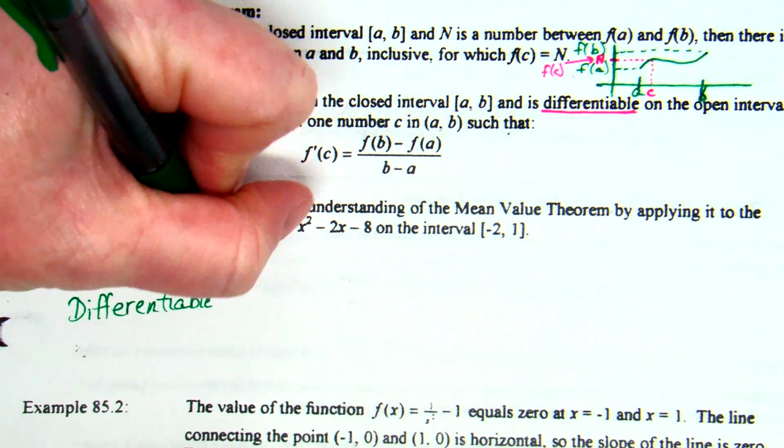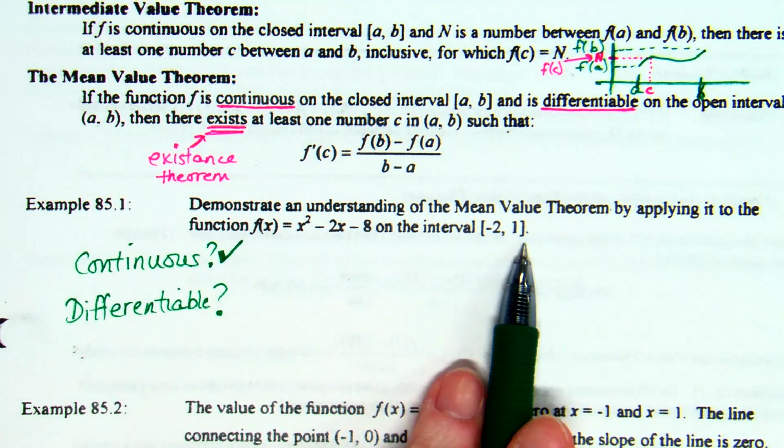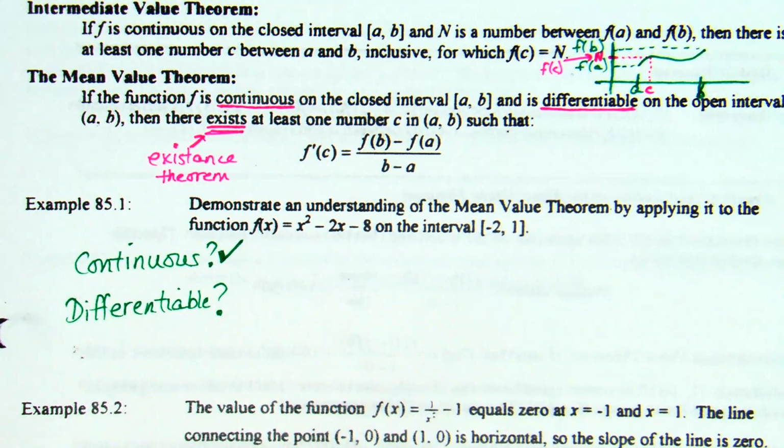The next question. Is it differentiable? So can I take the derivative of this graph at all points on the interval negative 2 to 1? Because this only matters on negative 2 to 1. When is a function not differentiable? When there's a hard or sharp point. What do you know about a parabola?